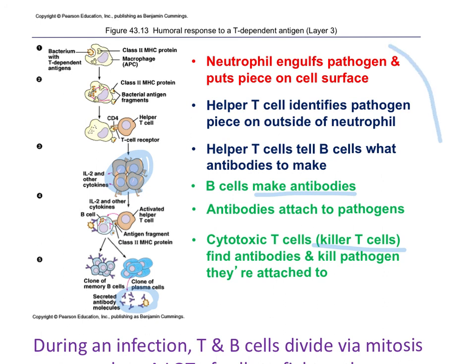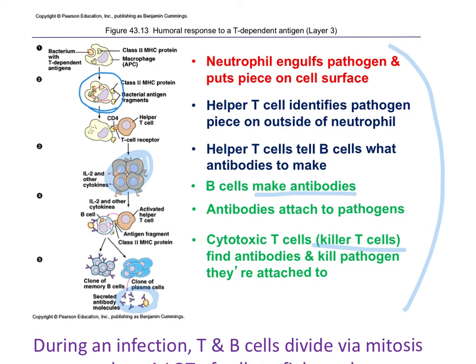So all of these cells are working in a coordinated, launched attack against the specific pathogen. To remind you, these cells only really know who the pathogen is because the neutrophil had shown them who the pathogen is.